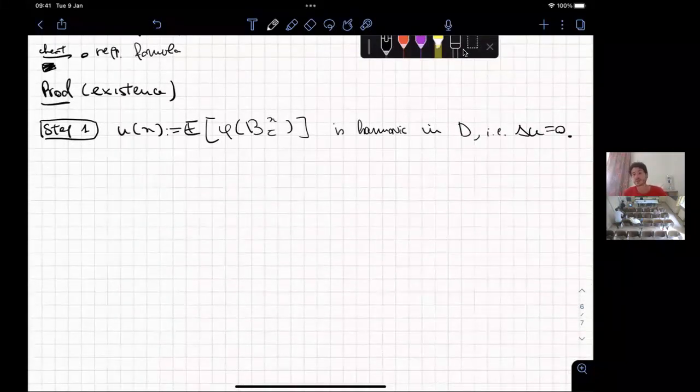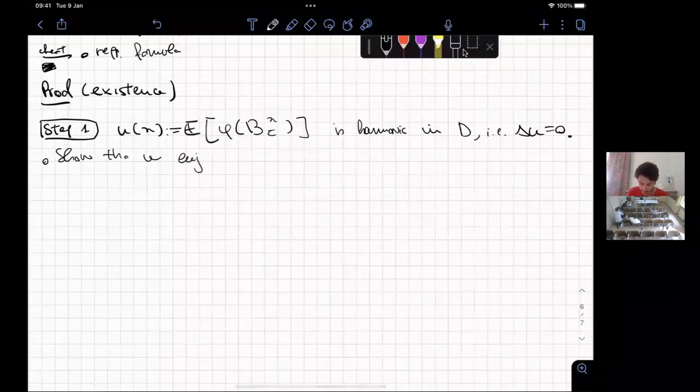And to do that, we show that it satisfies the mean value property. Show that u enjoys the mean value property.